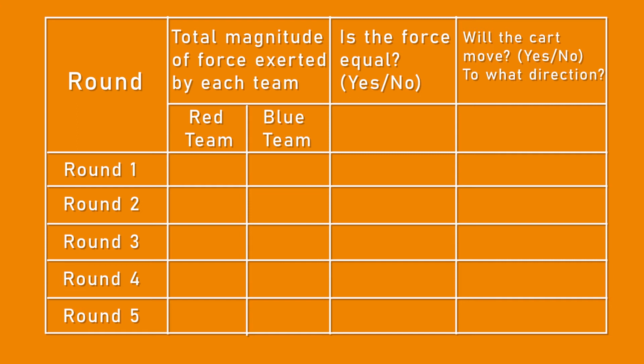You're going to answer this yes or no. And in the last column, there is also a question: Will the cart move? Answer yes or no and determine to what direction. Take note, you need to record in the table the magnitude of the force exerted by each team, determine if these forces are equal, and observe if the cart will move or not. Then, to analyze the situation, you may pause the video.